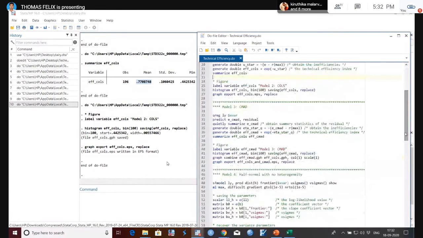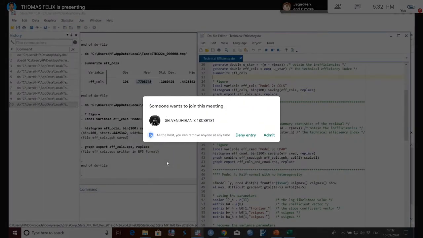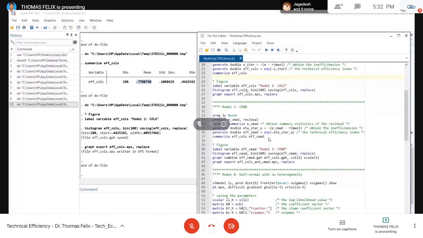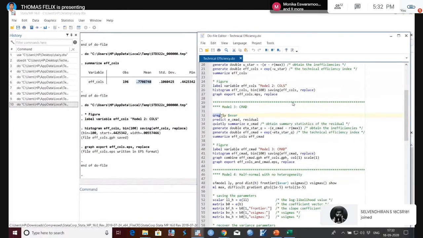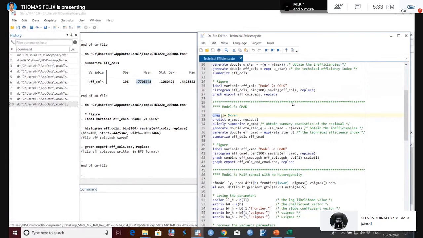On the other hand, we can use the mean absolute deviation. Based on the mean absolute deviation formula also, we can derive the technical efficiency. The major difference is that the first one uses OLS, while here it uses quantile regression. Here you can see the command is qreg.